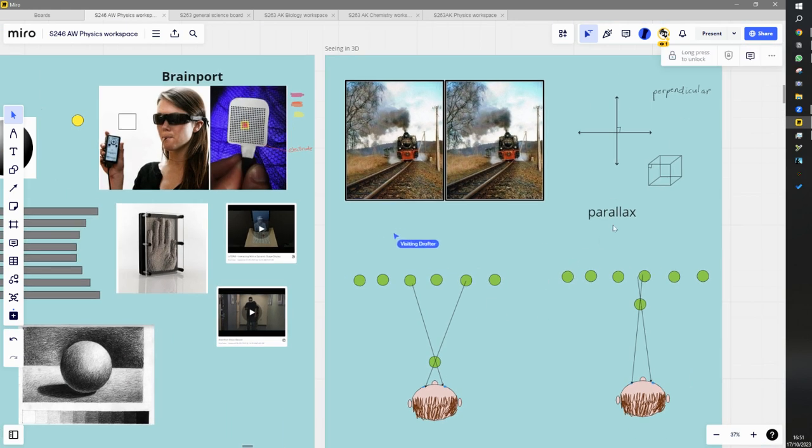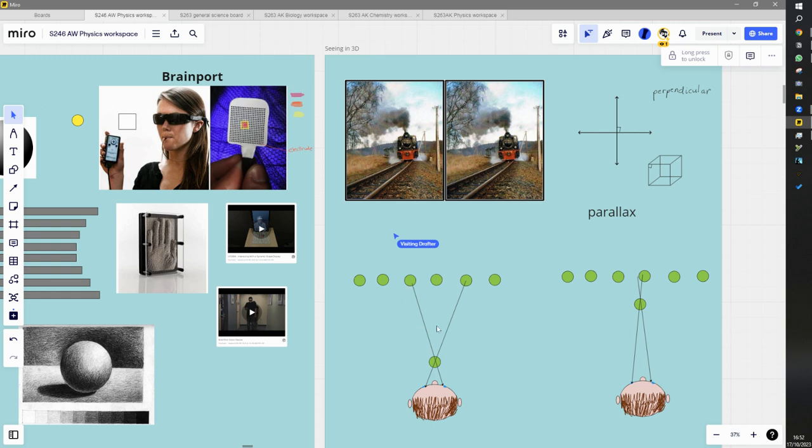And this measure of how different the image is in our left eye compared with our right eye is called parallax. So we use this phenomenon of parallax to infer how close an object is.